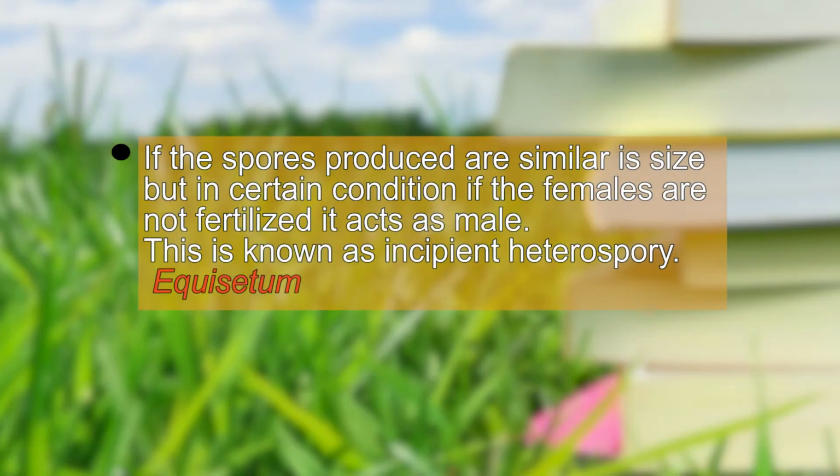This condition, in which although all the spores are alike, 50% of them form the male and 50% form the female, and again this female, if it remains unfertilized, can act as the male, is known as incipient heterospory, as seen in Equisetum.